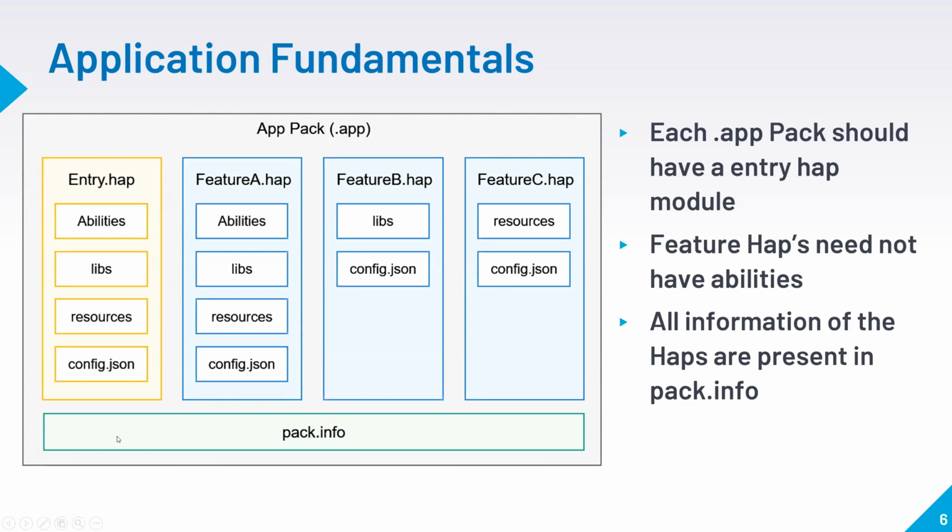The entry.app is mandatory for all the UI based features. Feature A, feature B, or feature C are based on the features that it exposes. Let us think of feature A as linked to a login ability, where it provides a sign in, sign up option.